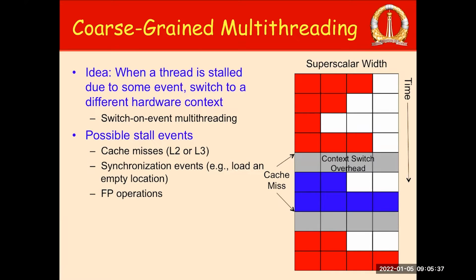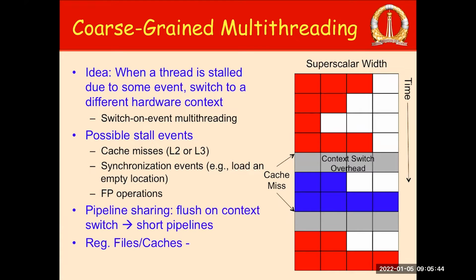In the coarse grain multi-threading, when you do a context switch, you essentially allow the pipeline to flush. Because you allow the pipeline to flush, you also want your pipeline to be not very deep. It's a shallow pipeline with only a few stages, so that you can allow the pipeline to drain and make sure that when the next thread executes, it has the pipeline entirely for itself. This is not mandatory for all multi-threaded architectures.